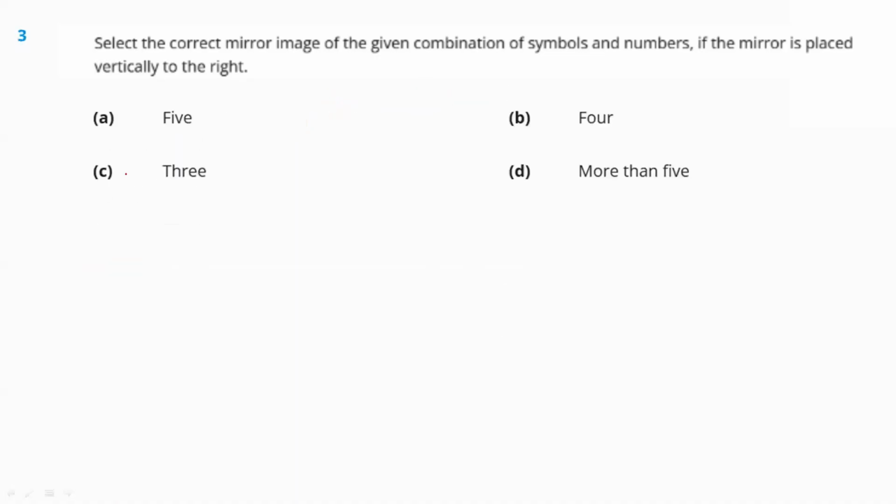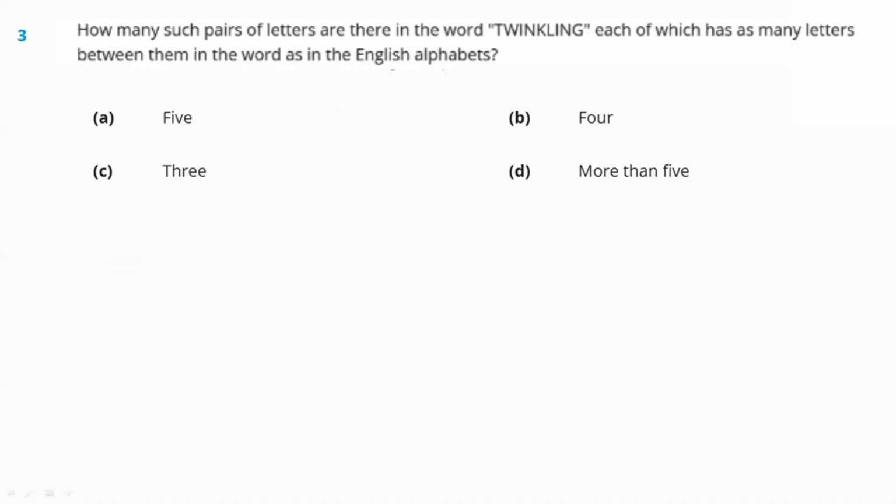Next question. How many such pairs of letters are there in the word twinkling, each of which has as many letters between them in the word as in the English alphabet? So how do we solve this? First, we need to write this word over here: twinkling. Now you have to find out how many such pairs of letters there are.